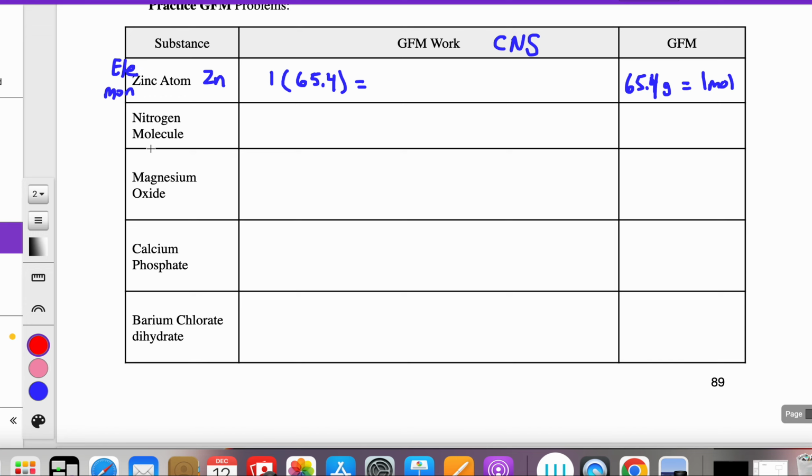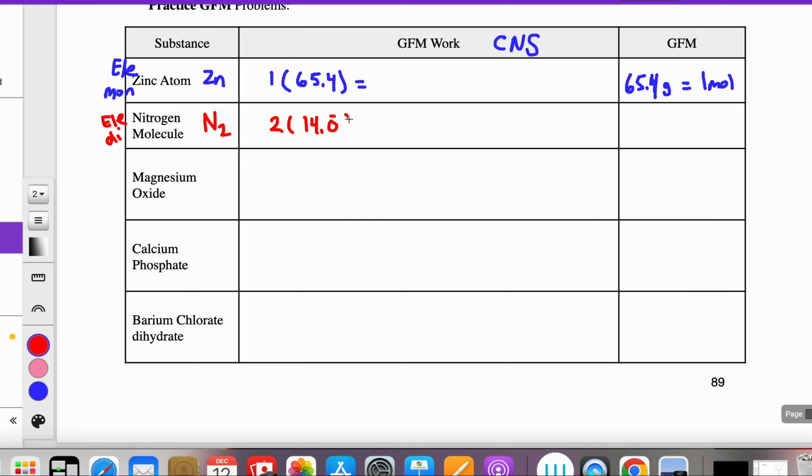The next substance says a nitrogen molecule. Well, nitrogen is an individual element like zinc, but nitrogen is one of those special 7, so it's a diatomic. So its chemical formula is N2. So you got to have the correct formula. In this chemical formula, there are 2 nitrogens. And when you look at nitrogen's mass on the periodic table, it would round to 14.0.